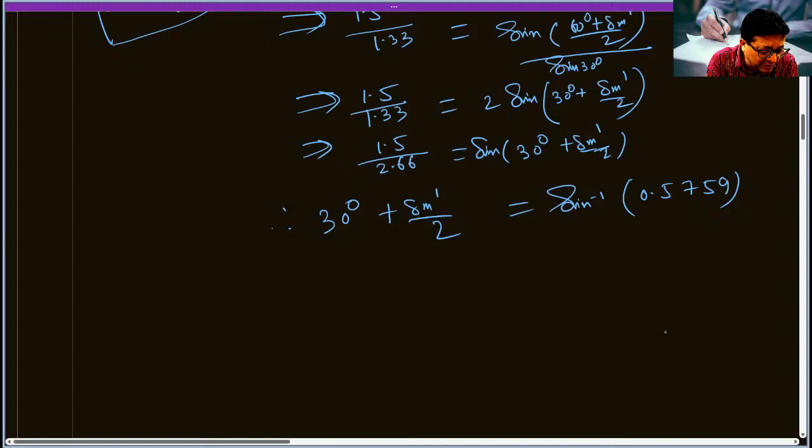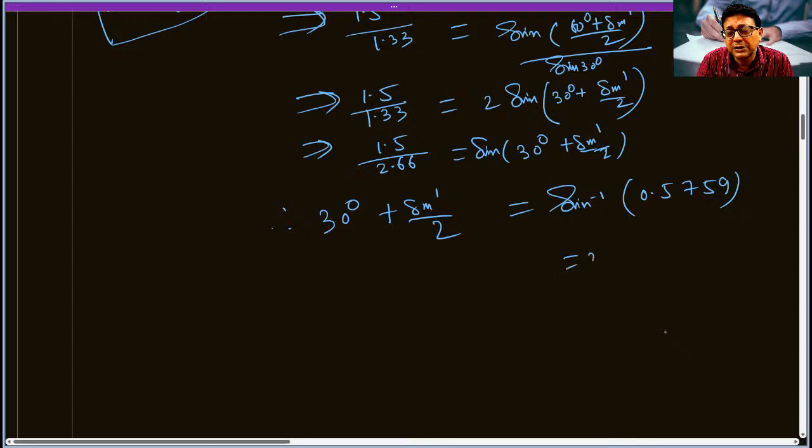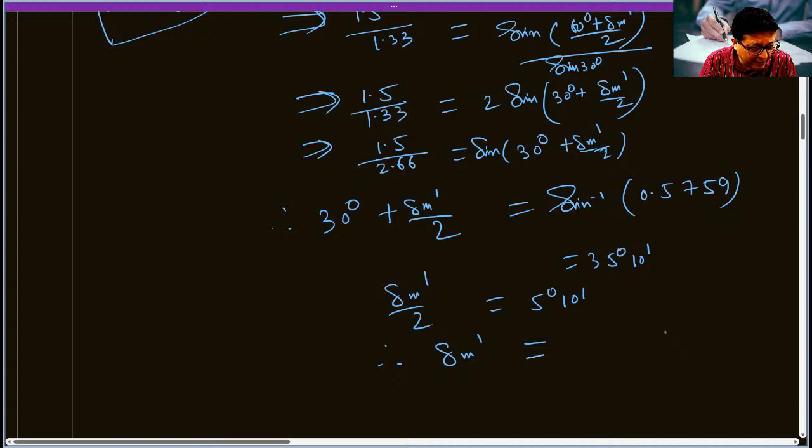And by using the calculator again, let us find this angle. It is coming 35 degree 10 minutes. So delta m dash by 2 equal to 5 degree 10 minutes. Now cross multiply. Delta m dash, the new angle, this multiplied by 2, is 10 degree 20 minutes. Hope you have understood.